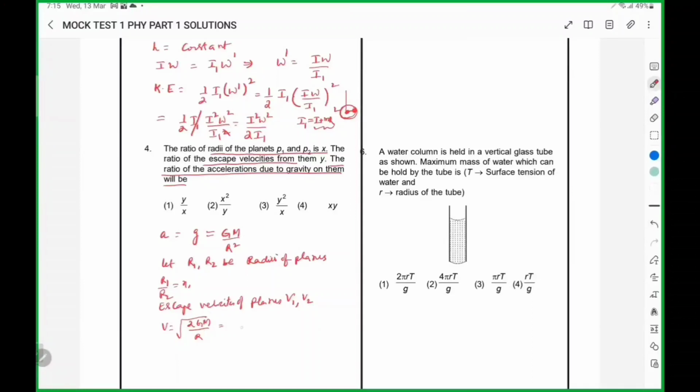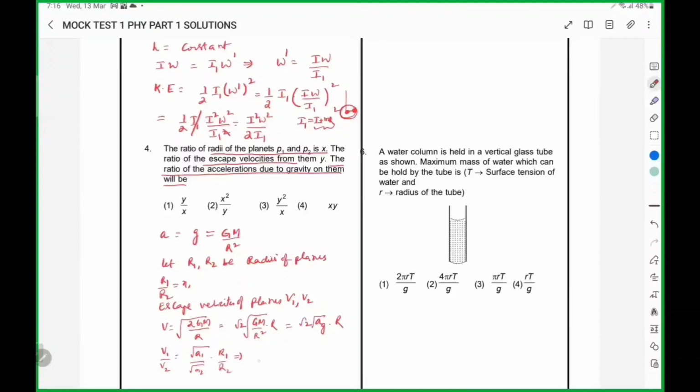So we know that escape velocity is this. So I can write it as root 2 into root of GM by r square into r, root 2 into acceleration, root of acceleration into r. So that means v1 by v2 will be, let me write acceleration, r1 by r2.